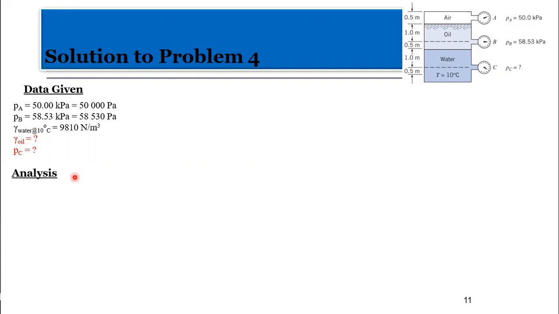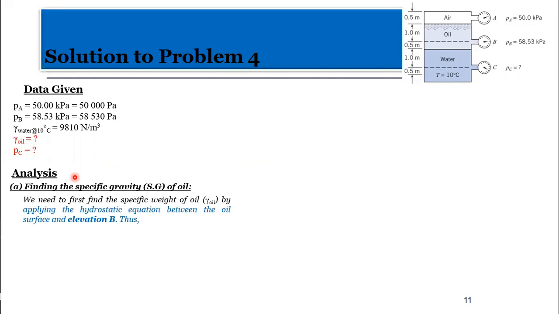Now, for the analysis, we need to find the specific gravity of oil. To do that, we need to first find the specific weight of oil by applying the hydrostatic equation between the oil surface and elevation B. Look at something here. The oil surface is here, below the air.